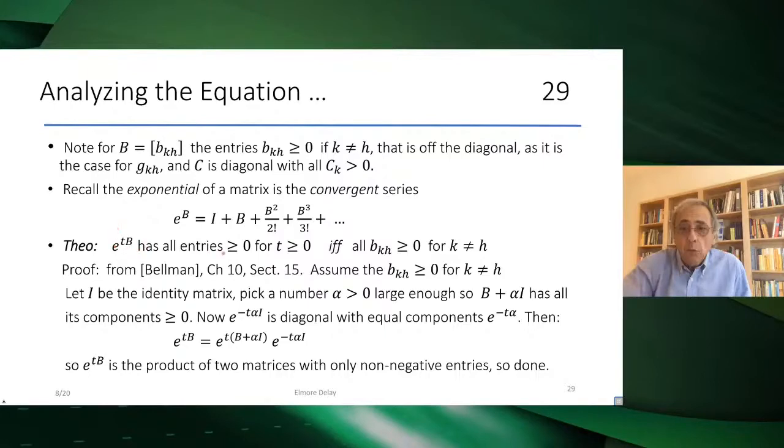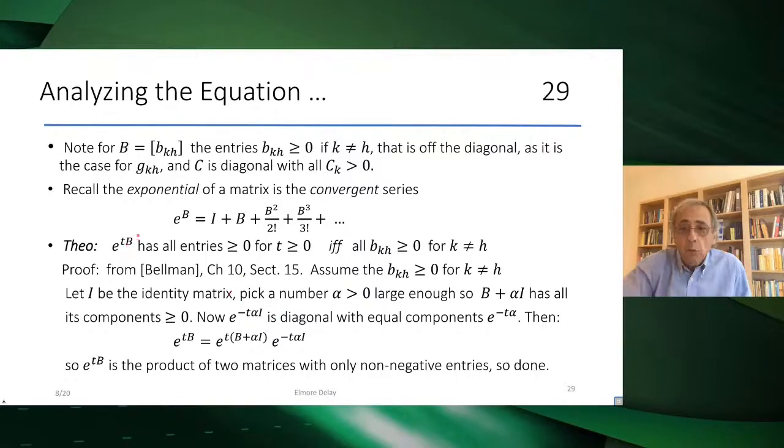And these exponentials have all the entries positive if the terms of the diagonal of B are positive. You can see the proof in Bellman or other books, but the proof is very simple.